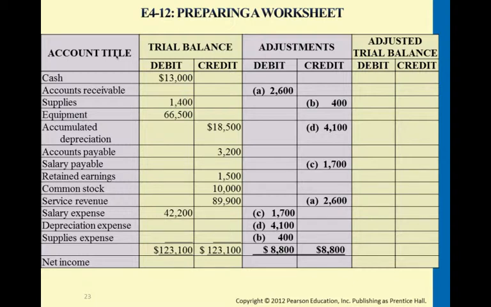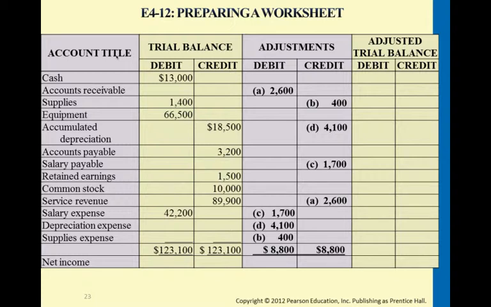You have B there representing used up supplies, $400, which we turn into supplies expense. You have C, salary payable, because employees worked for us, so their salary expense was incurred already. Okay, you have D here, depreciation expense, and then accumulated depreciation up there.